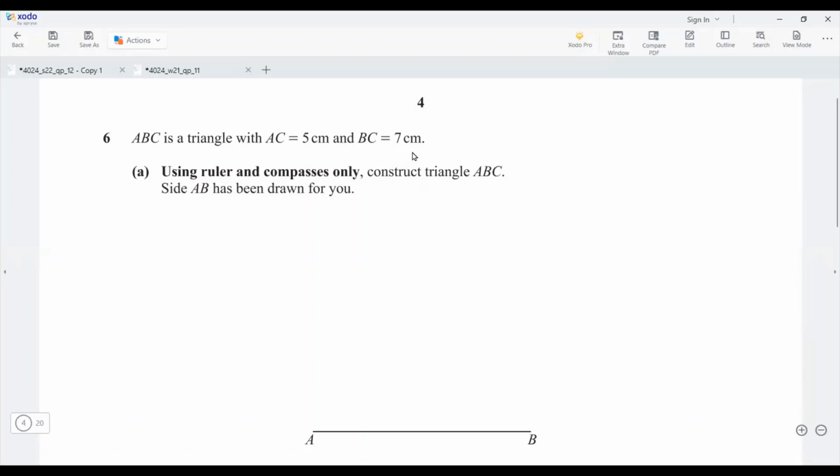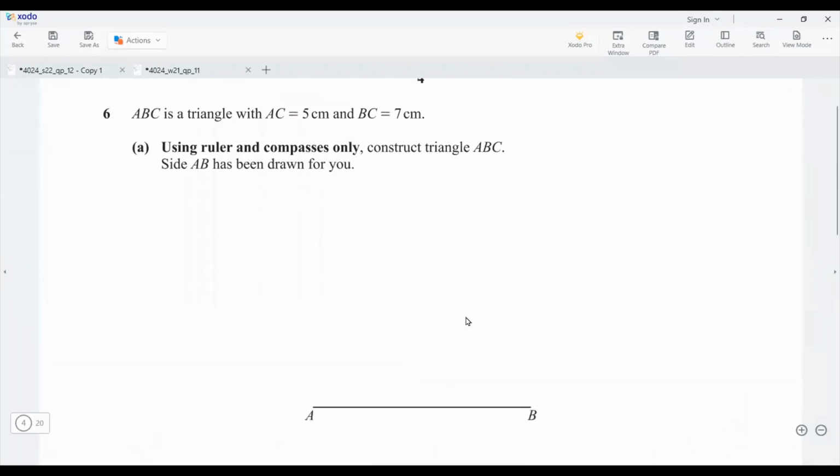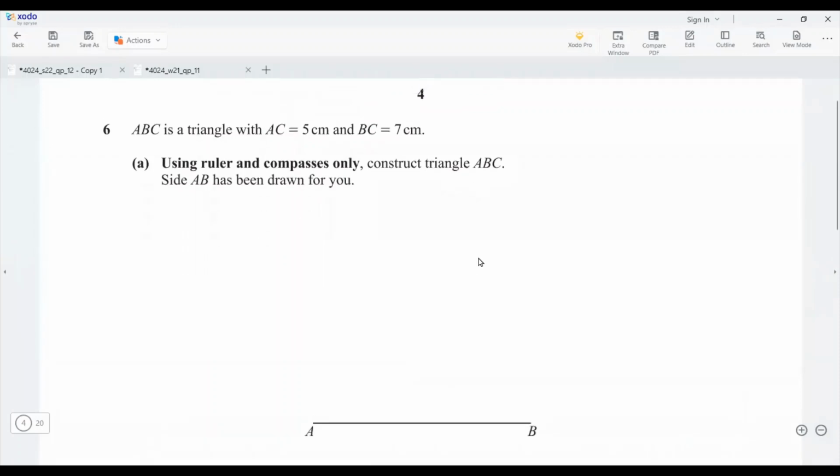Similarly, BC is given as 7 centimeters, and it must be a triangle. We have to construct the triangle according to the dimensions which are given. We have to use a compass and ruler, only these two will be used.